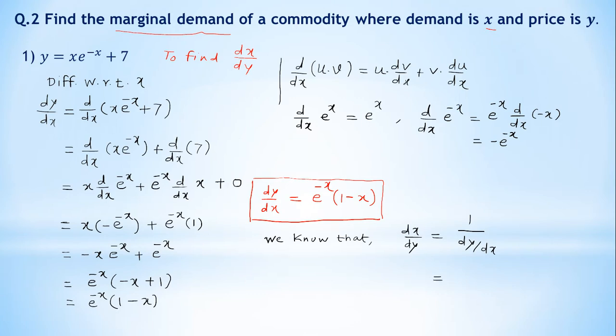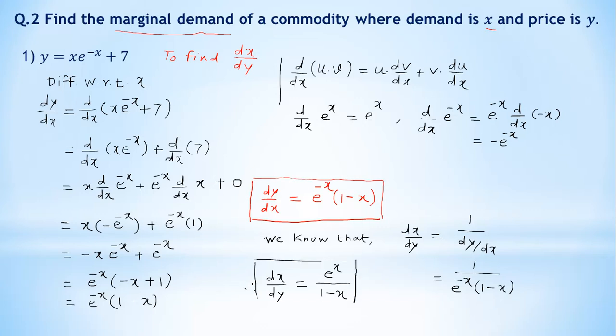That means here 1 upon, now our answer is e raised to minus x into bracket 1 minus x. So finally, what is the final answer? We get dx by dy is equal to, now this e raised to minus x can be transferred to the numerator and it becomes e raised to x by index rule. So it will be e raised to x upon 1 minus x. So this is our final answer.